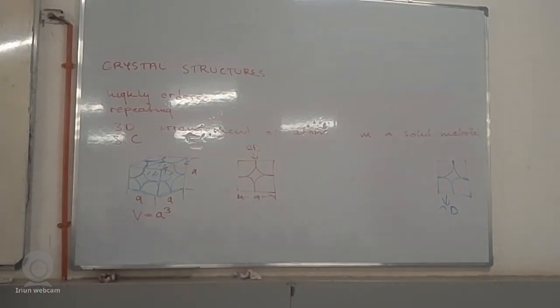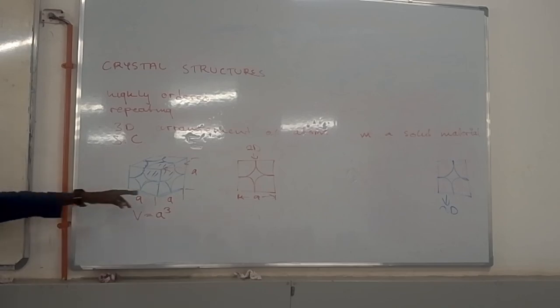So the volume is equal to A to the power 3. But we don't know what A is. What do we know? We know the radius of an atom.